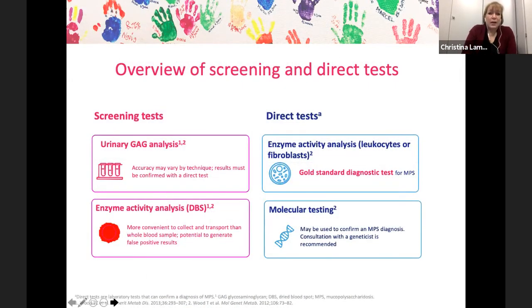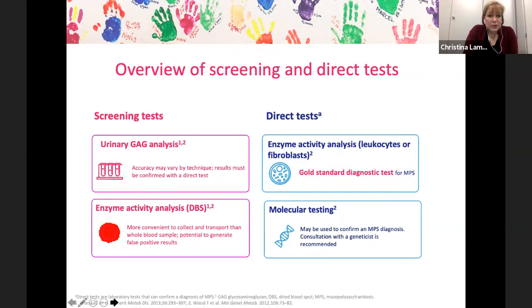You have different tests to diagnose MPS patients. The first is the screening test, which does not confirm the diagnosis, but it is the first and easiest you can do: measuring the urinary glycosaminoglycan excretion. Unfortunately, in some MPS patients, especially if they are older, you have a normal GAG excretion, although the patient is suffering from MPS.